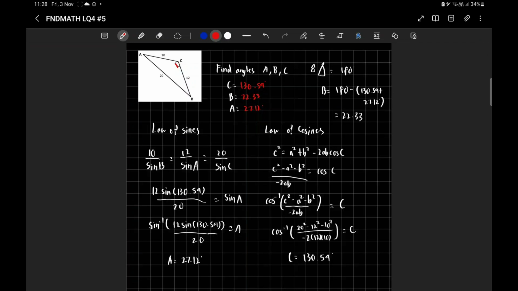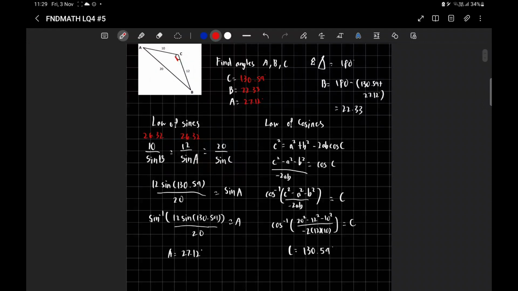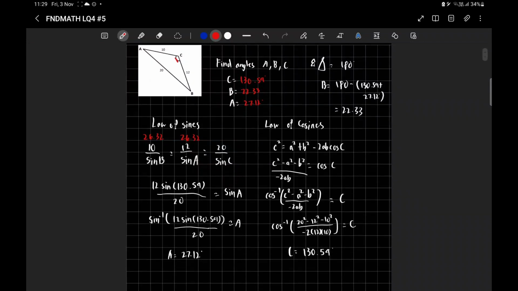To check, the ratios must all be equal to each other. 10 over sine 22.33 gets us 26.32. 12 over sine 27.12 is 26.32 also, and 20 over sine 130.54 is 26.32 also.